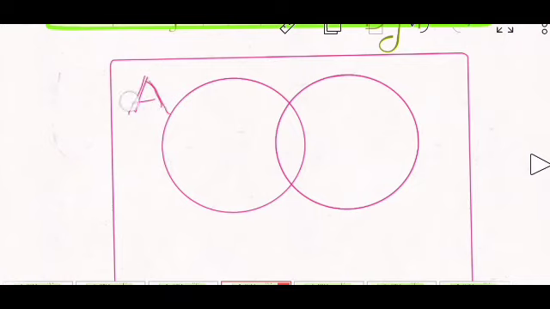So if we are asked to get the set complement of A, the set complement of A is everything that will not be shaded when A has been shaded.